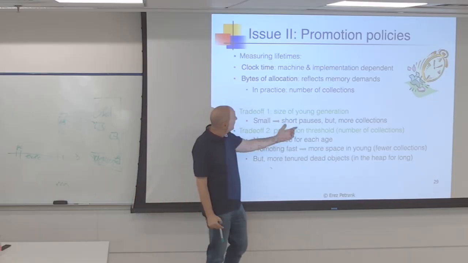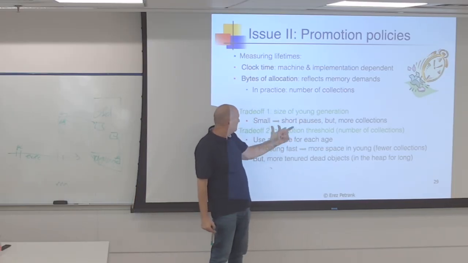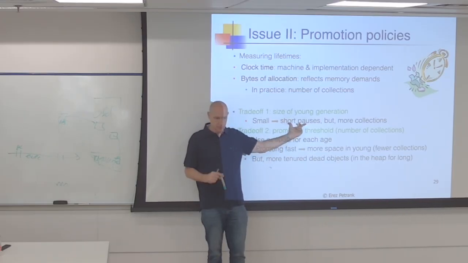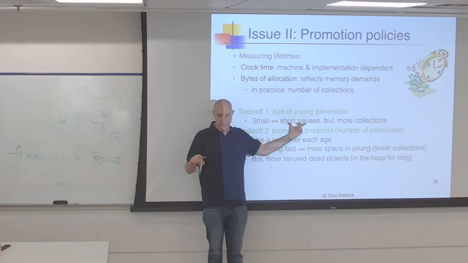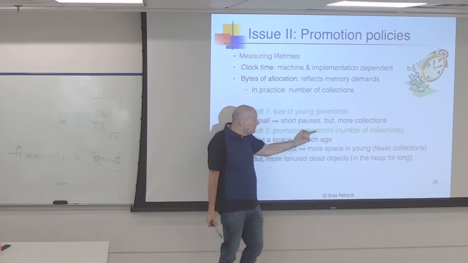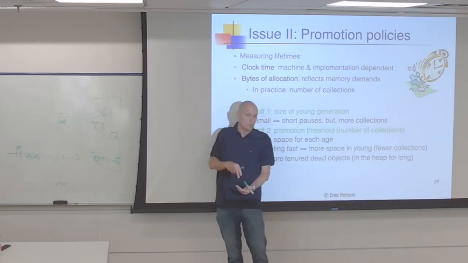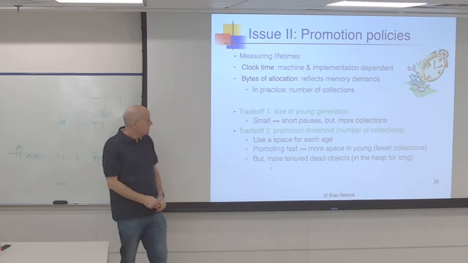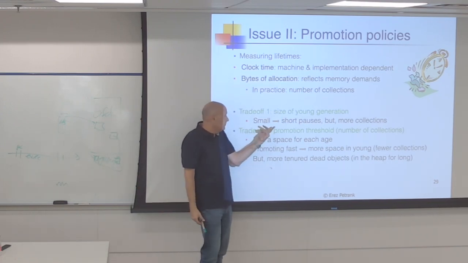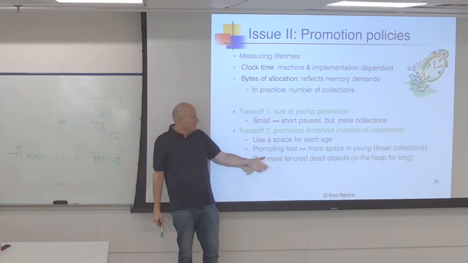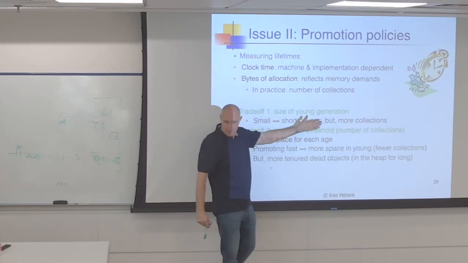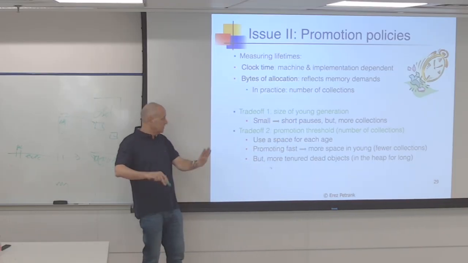If we take a small young generation, then we'll have short pauses because we just have a smaller area to reclaim when we do the young generation collection. But we'll have more collections because there will not be enough space to allocate before we need to reclaim again. And of course if it's larger, then we have longer pauses but fewer collections. This is clear. So there is a trade-off.